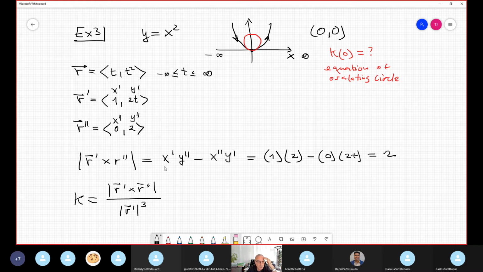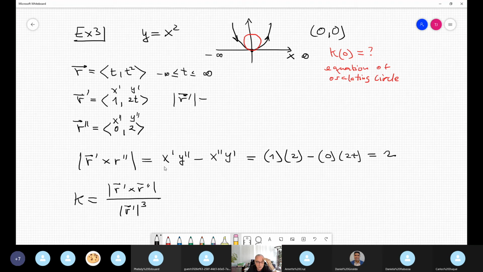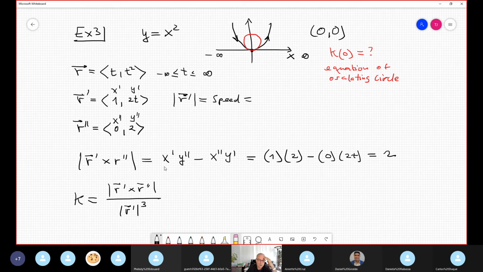So the magnitude of r prime. Remember the idea that the magnitude of r prime is speed. Velocity magnitude is speed. So the square root of 1 squared plus 2t squared is the square root of 1 plus 4t squared.